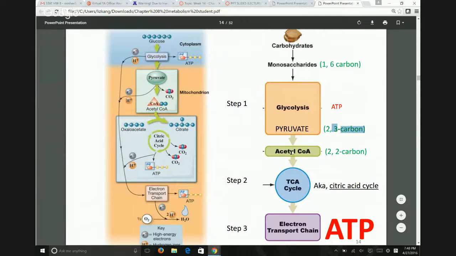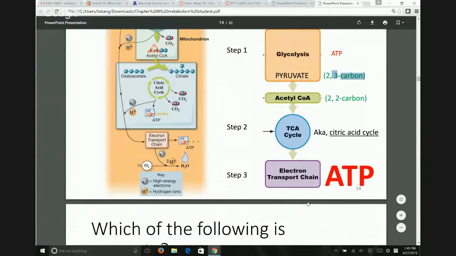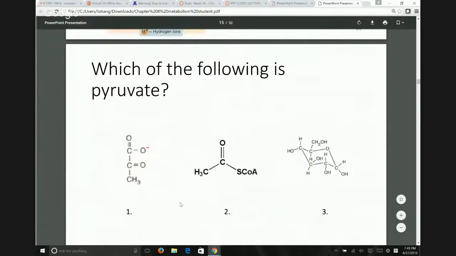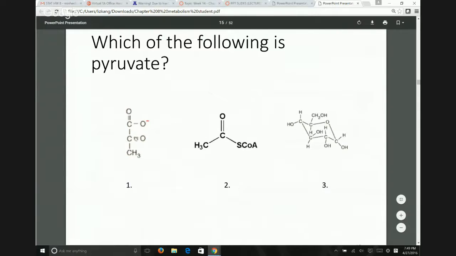Like I mentioned, protein and fat can also become acetyl-CoA to make ATP, even though carbohydrate is our main source of energy. But if we don't have carbohydrate, protein and fat may become acetyl-CoA, but this cycle is not working, so it doesn't make an efficient amount of ATP. That can be a problem because we won't have a lot of energy, right?